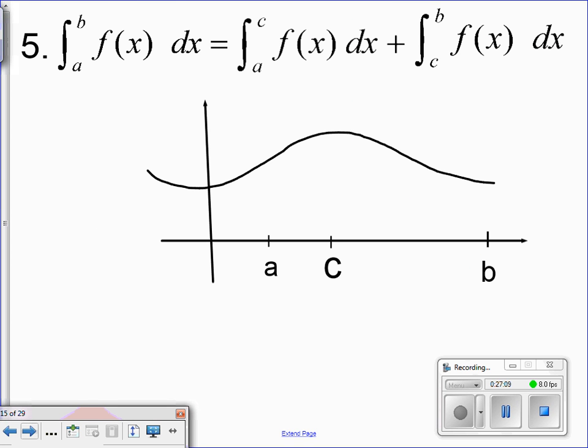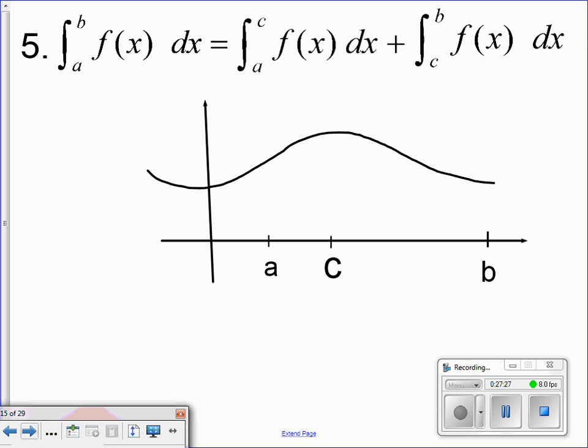Here comes a great property. You can have fun with this property. How many of you have ever heard of the whole is equal to the sum of its parts? That's what I think of this as.